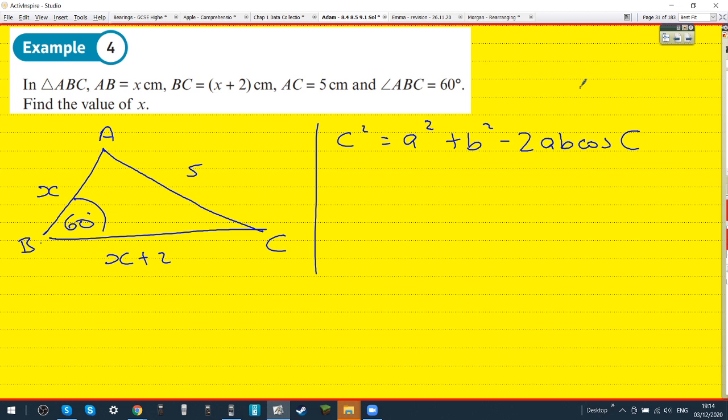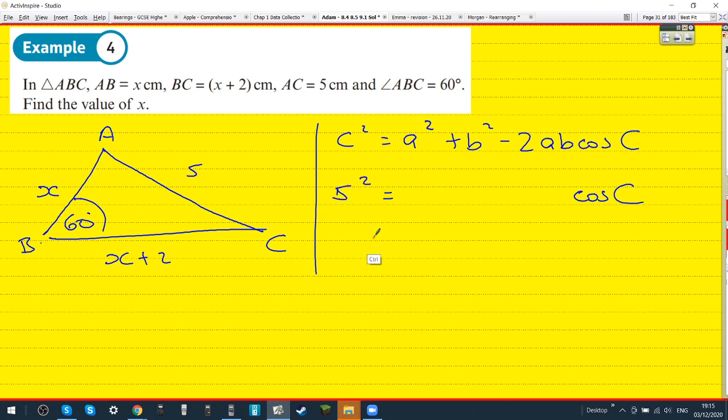You don't know what C is yet. We only have one angle, so you'll use 60. So that has to be the angle C. What would be the side C for c squared? The side C would be x. It has to be opposite each other. Side C, angle C. So 5. Yep.